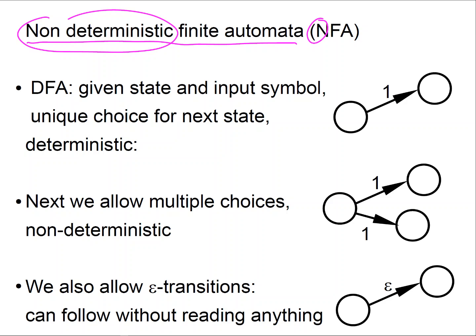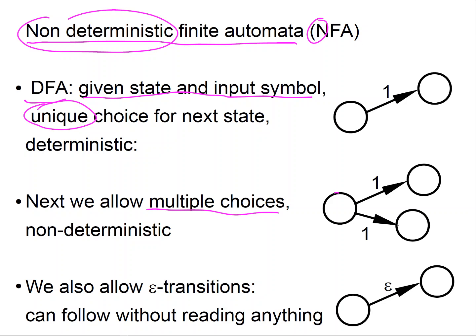Well, in a DFA, given one state and an input symbol, there is a unique choice for the next state. That's what makes it deterministic. With an NFA, we're going to allow for multiple choices.